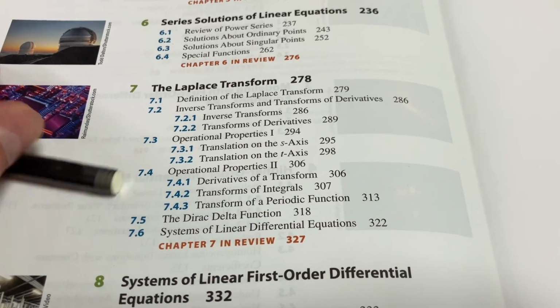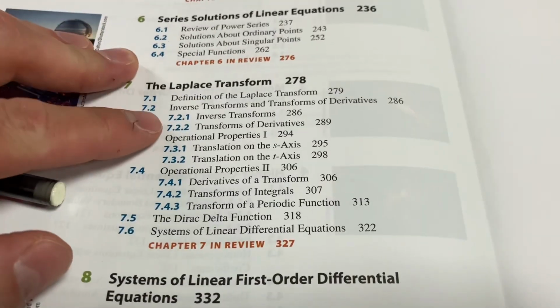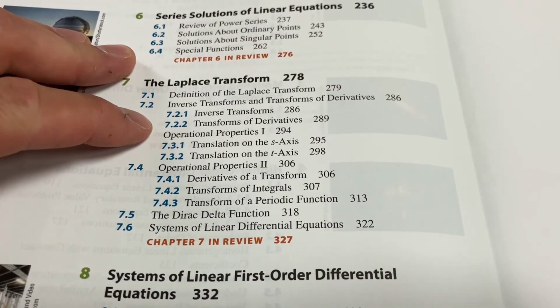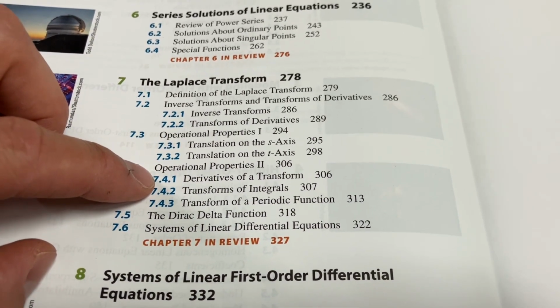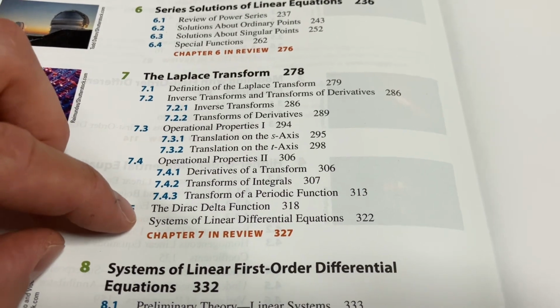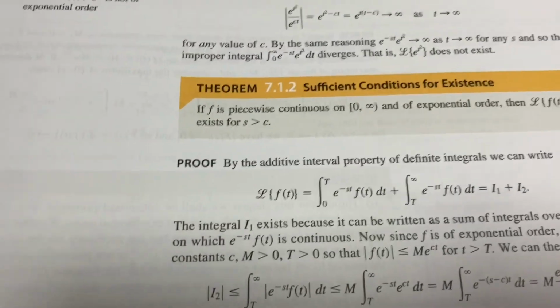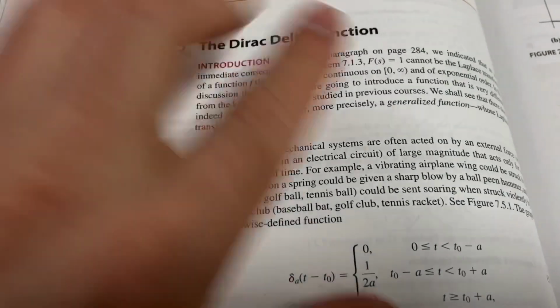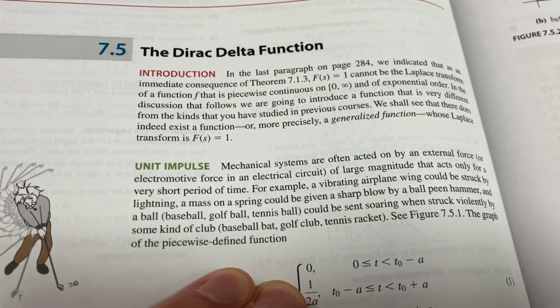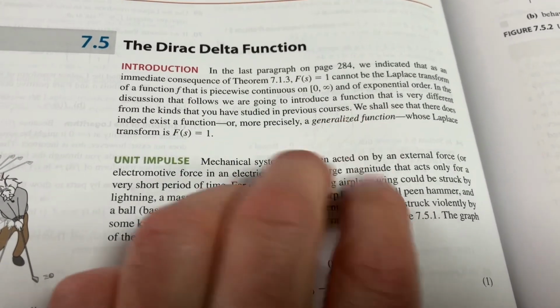and then we jump straight into the Laplace transform. This is super interesting, and this week I'm covering section 7.2 actually. And then there's a discussion about the Dirac delta, which is, I think, super interesting for students, the impulse function. So there you have it, 7.5, the Dirac delta function, the unit impulse.